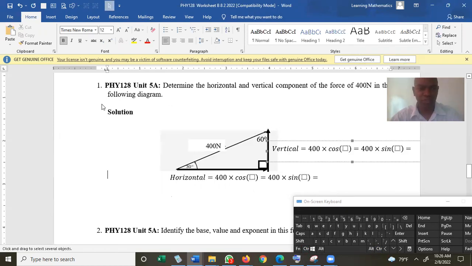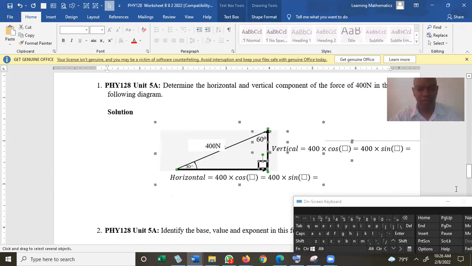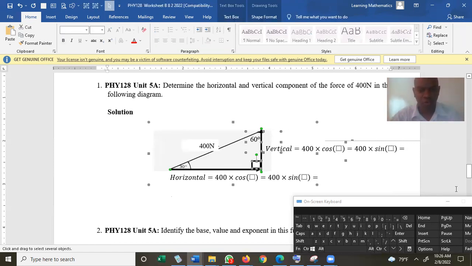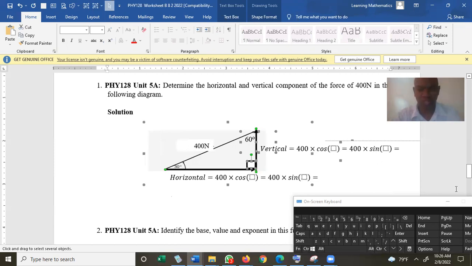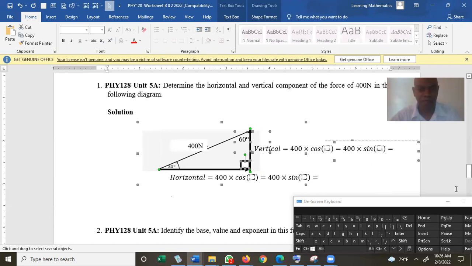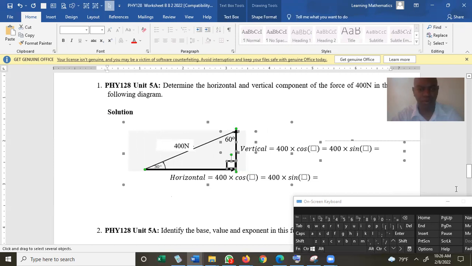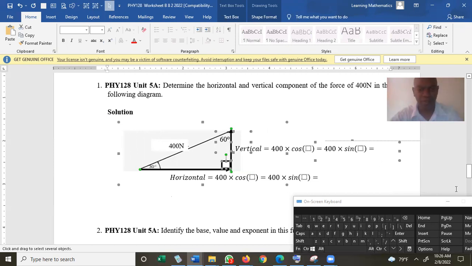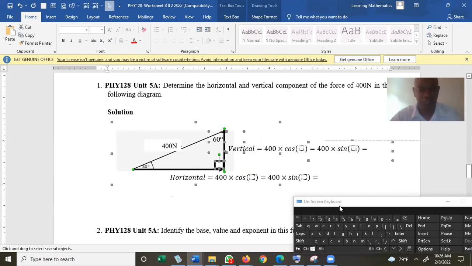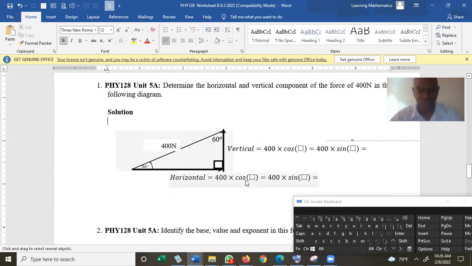So can anybody share with us, the horizontal component is equal to 400 times cosine of which angle? Anybody? For the horizontal component, I'm supposed to write 400 times cosine of which angle comes inside there.